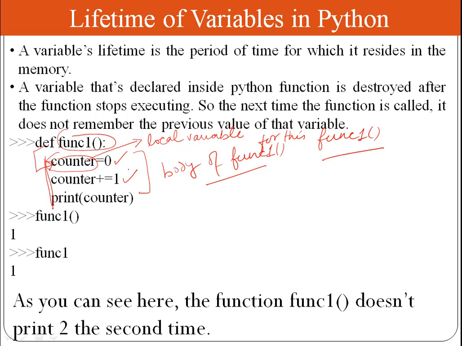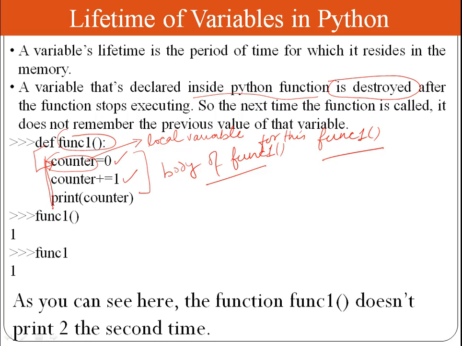A variable that's declared inside a Python function is destroyed from the memory after the function stops executing.